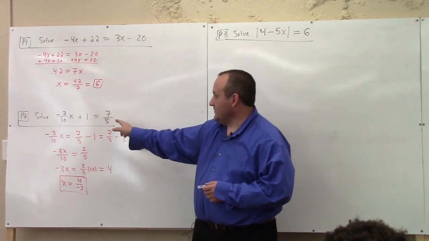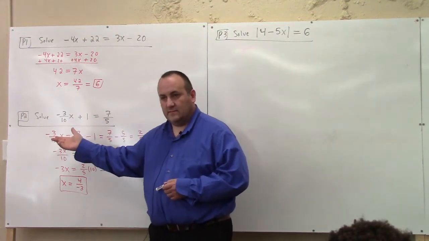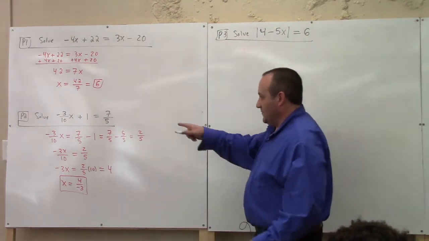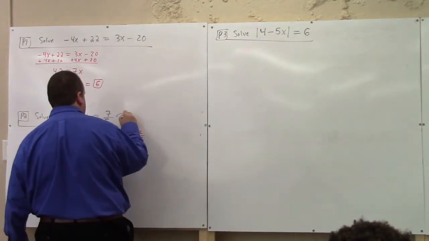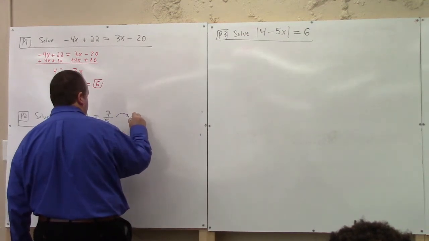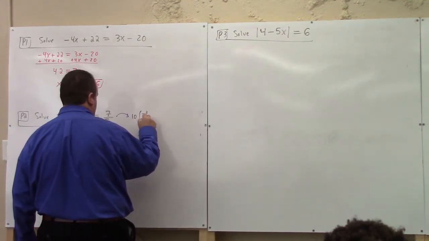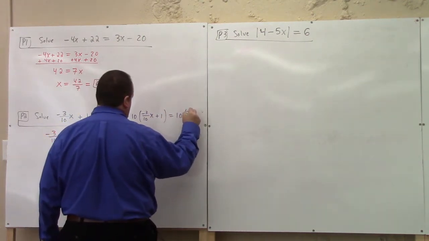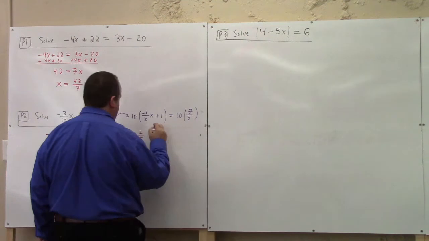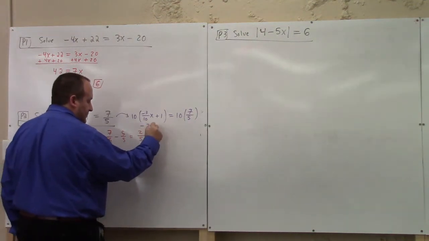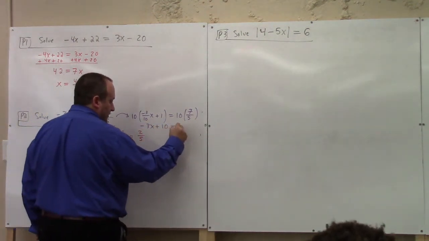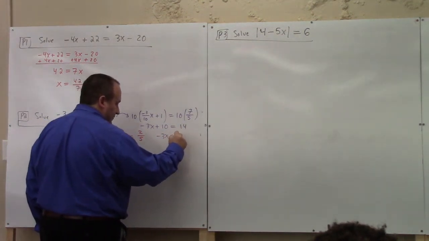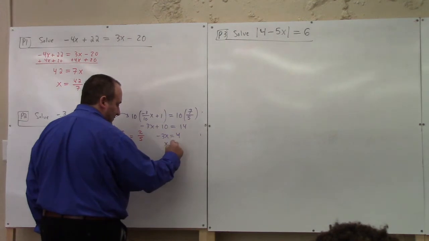The least common multiple of 5 and 10 is 10, because 5 times 2 is 10. So if I'd multiplied that problem by 10, what would that have given me? Minus 3x plus 10 equals 14, which gives minus 3x is equal to 4, which gives x is equal to minus 4/3.